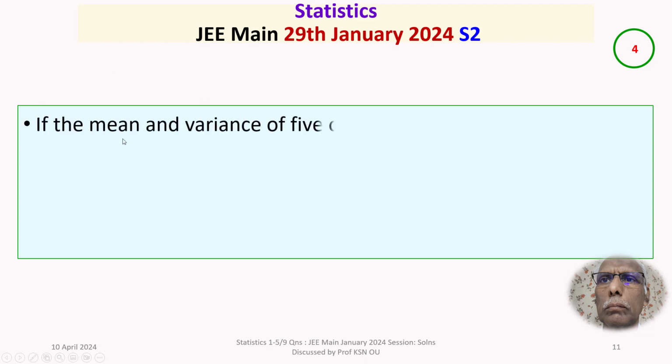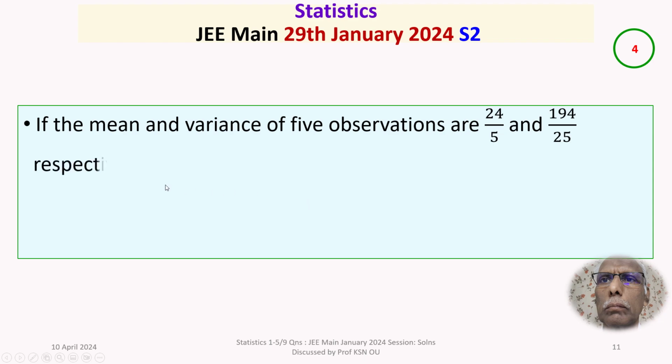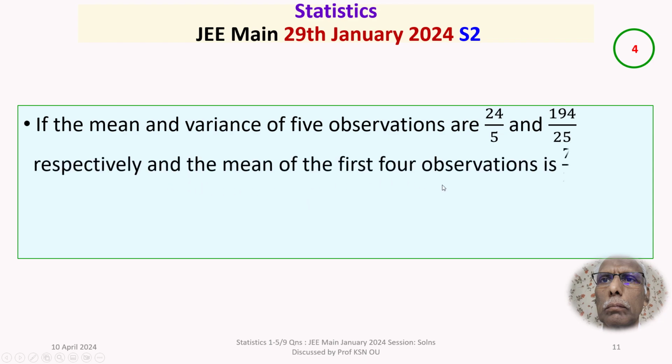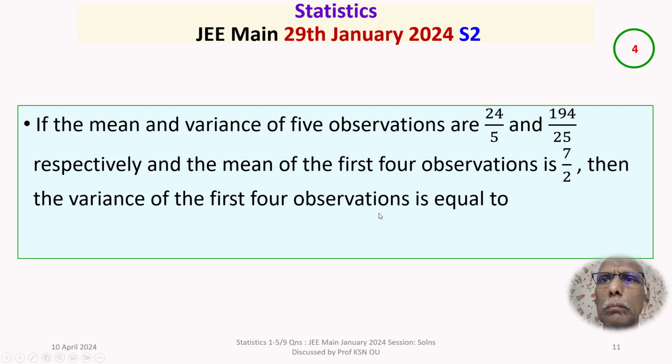The given question is: if the mean and variance of 5 observations are 24 by 5 and 194 by 25 respectively, and the mean of the first 4 observations is 7 by 2, then the variance of the first 4 observations is equal to, we are given 4 options.